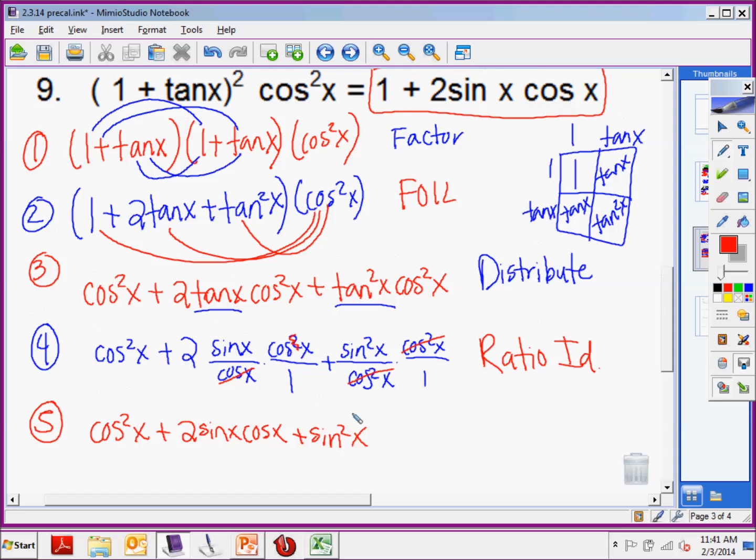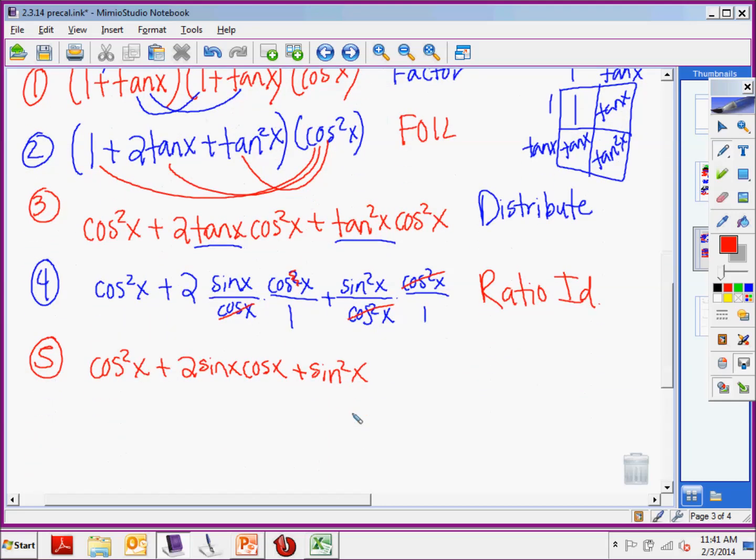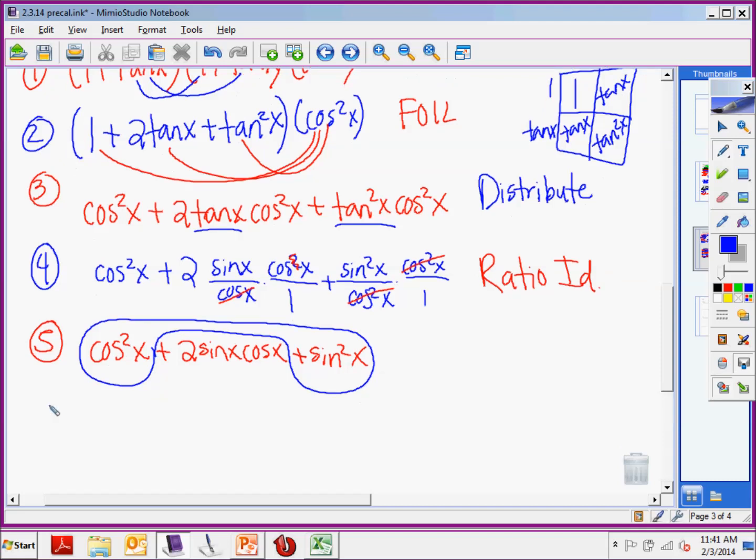So my middle looks good, but I need to do something about my outside, right? Is there an identity that can help me combine? Yes, Pythagorean. I can use the Pythagorean identity, right? Because cosine squared x plus sine squared x is what? 1.